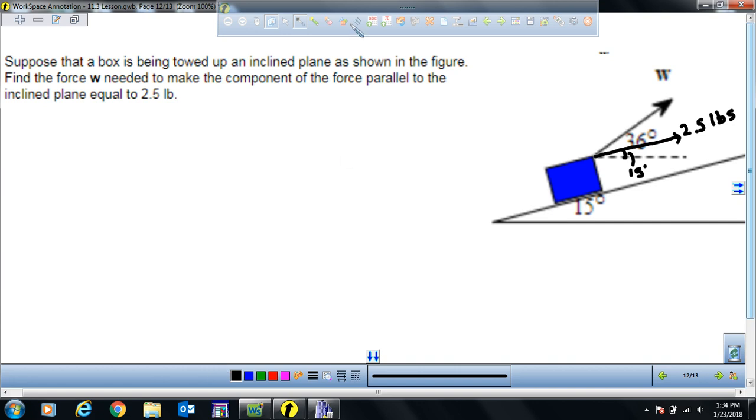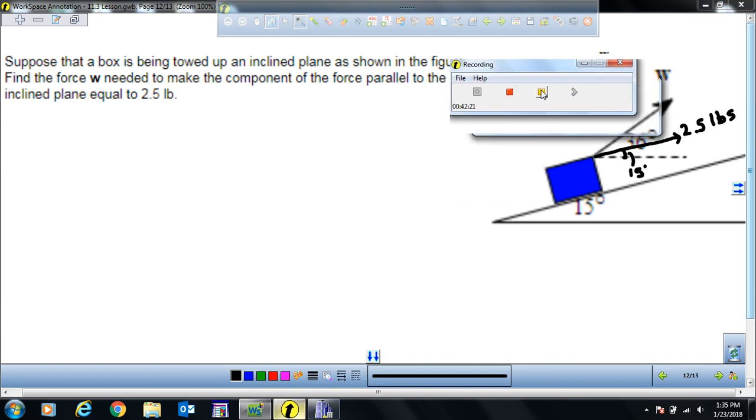But then, what we want to find is the force that is being applied at this angle of 36, so that this component equals 2.5. So, if that component equals 2.5, what else can we say?